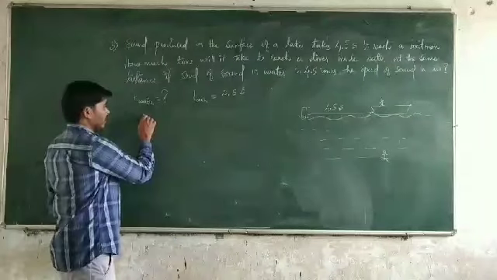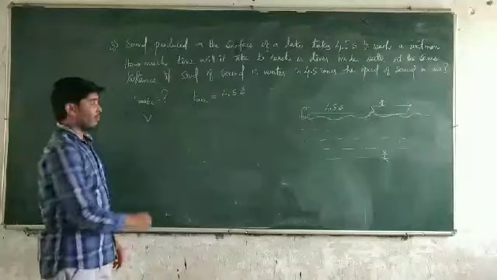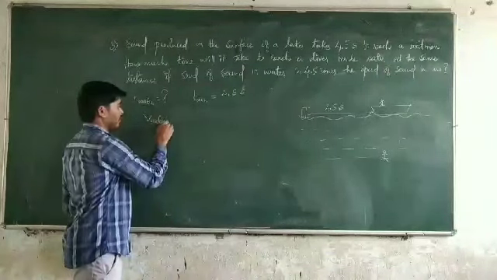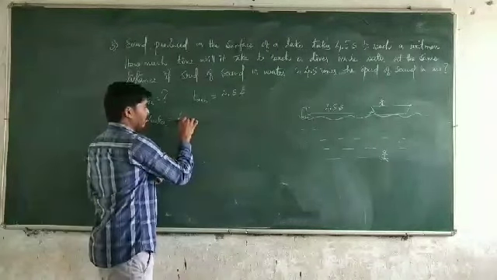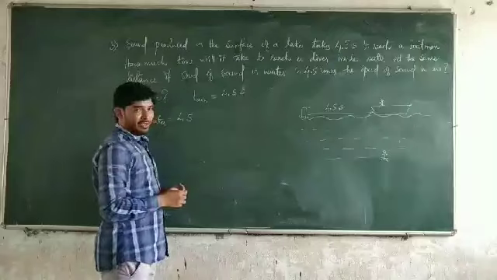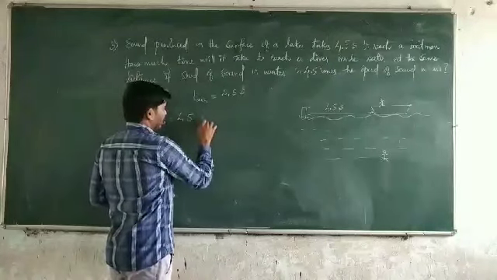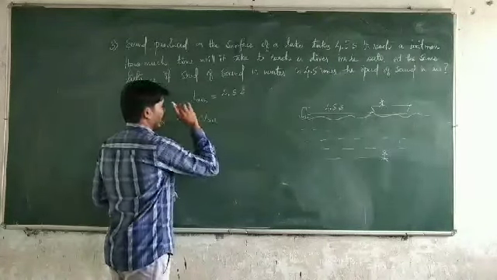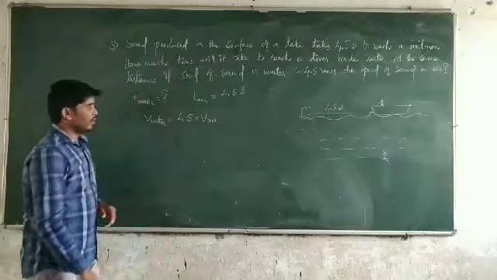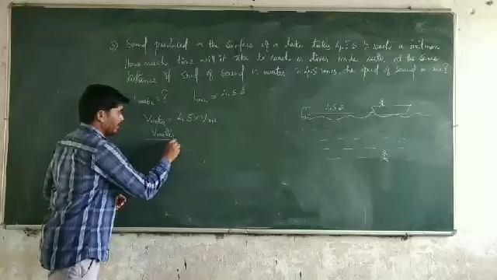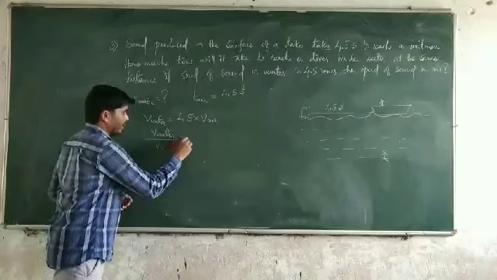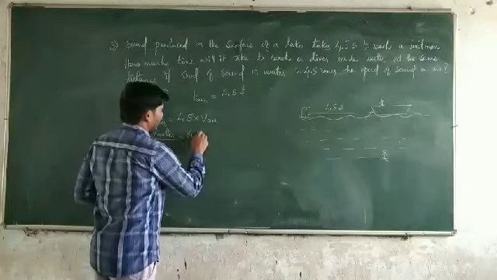So that is V of water is 4.5 times V of air, or we can also write it as V of water divided by V of air is equal to 4.5.